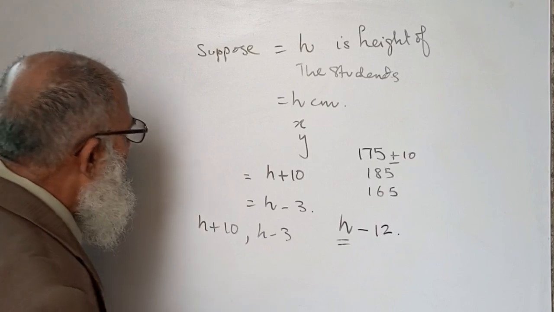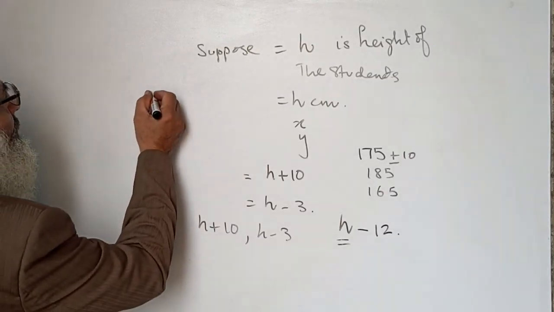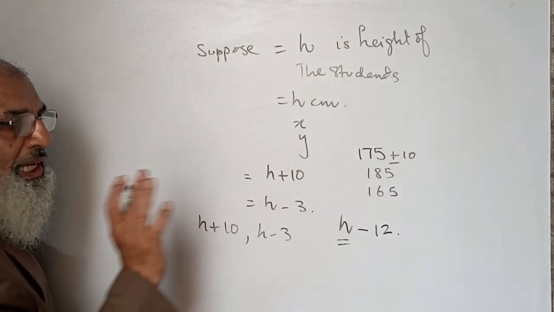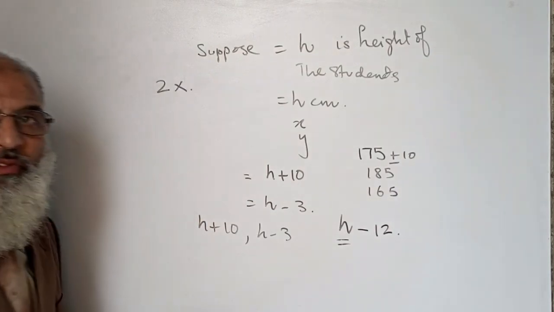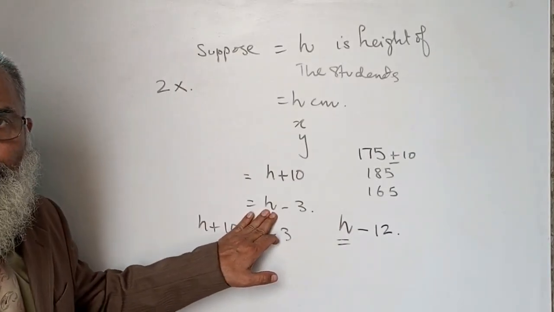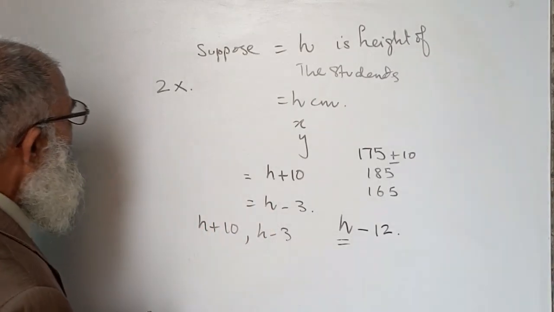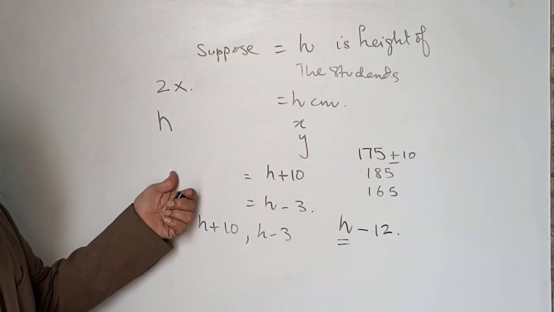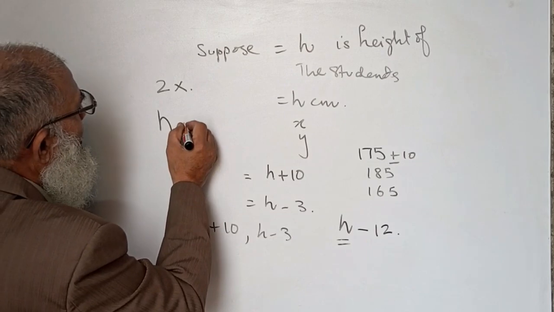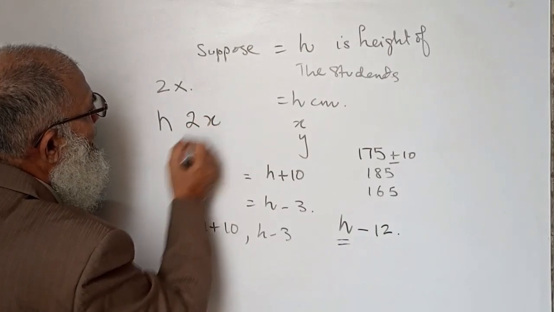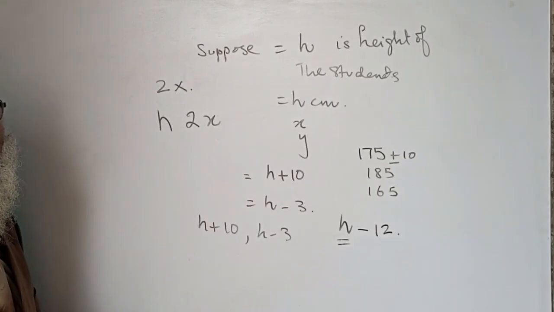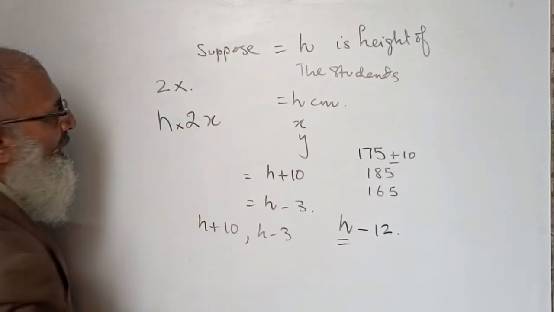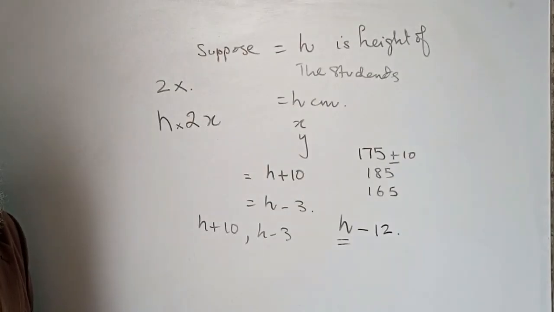Now there is an interesting example, a height which is 2x taller than the average height. We have already assigned average height as h. So what we do here, we just write h, and we'll write 2x beside it, and we can put a multiplication sign over here also.